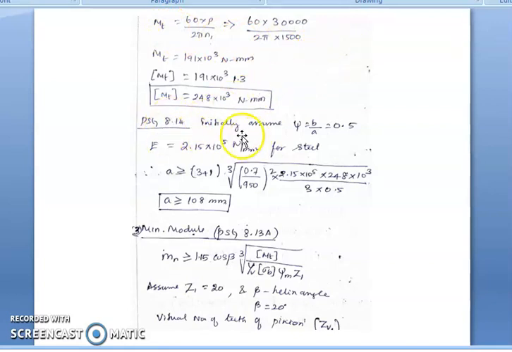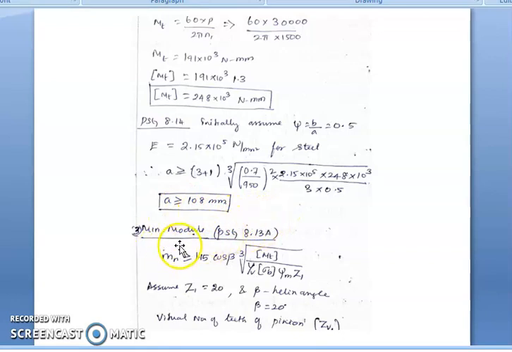Initially assume psi is equal to b by a is equal to 0.5 for the helical gear. Since it is steel material, Young's modulus is equal to 2.15 into 10 power 5 Newton per mm square. Using all these values, let's calculate the center distance. A is equal to 108 mm, that is, A is greater than or equal to 108 mm.